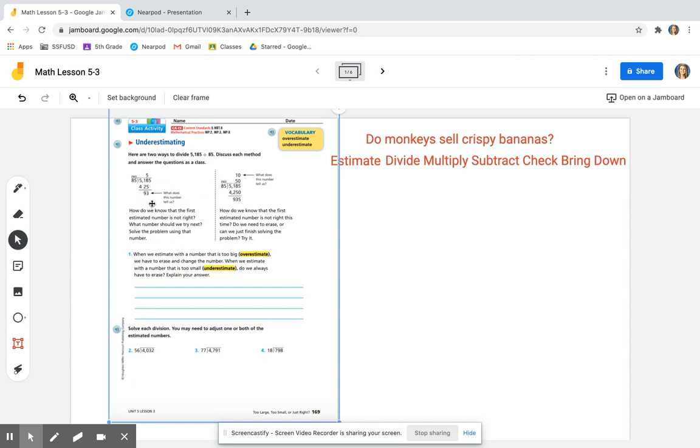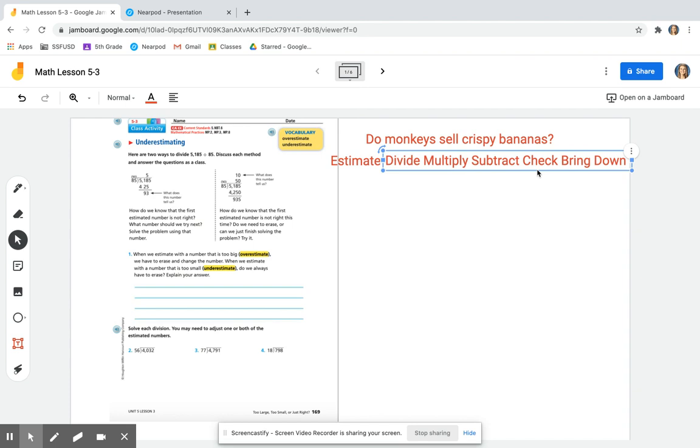And we just discussed that when we come across the step of check in our digit by digit steps, when we get our answer for our subtraction problem, we need to check and see if our answer is less than our divisor.